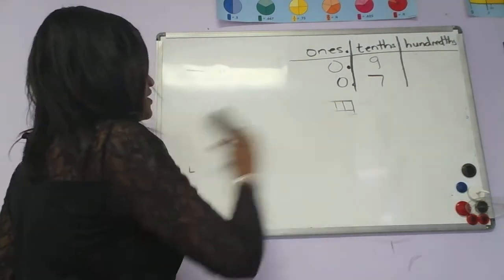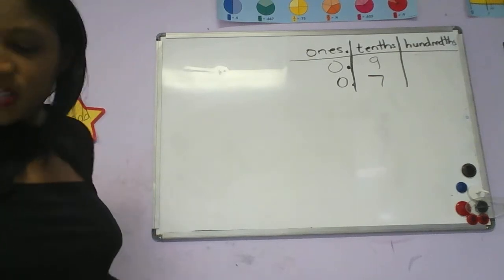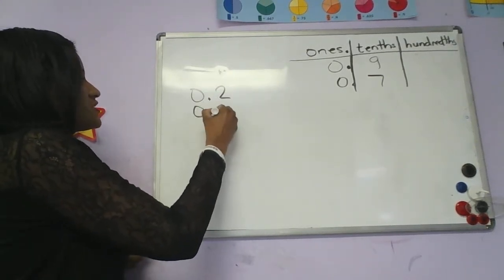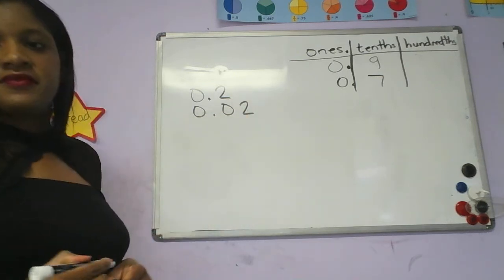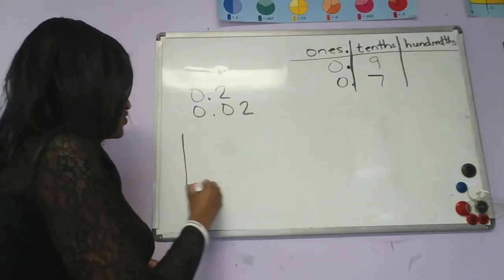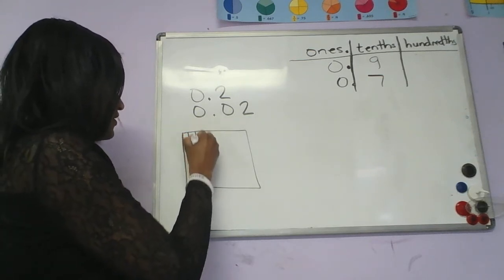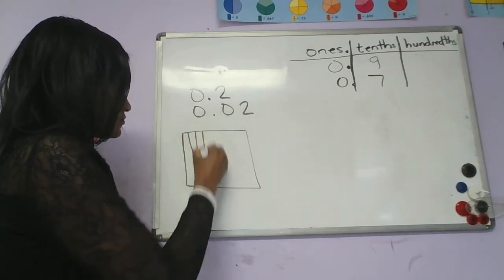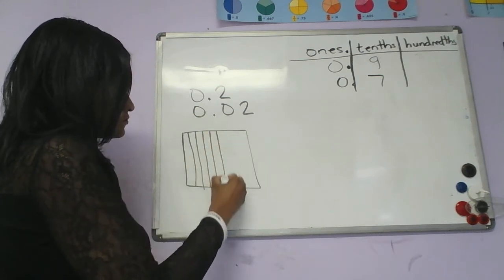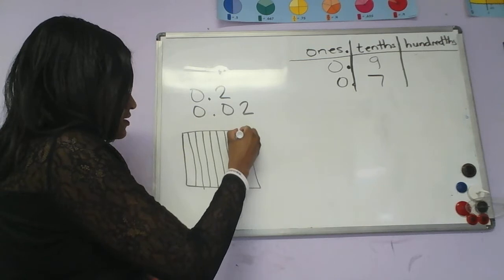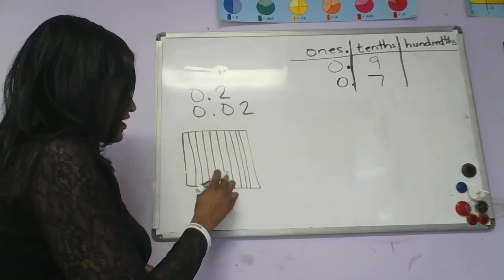All right, so this one will be an interesting one. If you have 2/10 versus 2/100, let's draw a model to show 2/10. Again, you can pause. 2, 3, 4, 5, 6, 7, 8, 9.